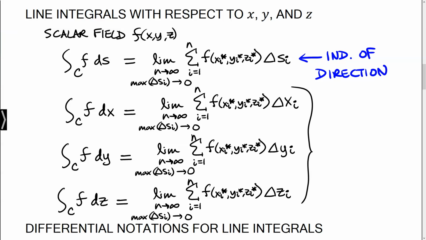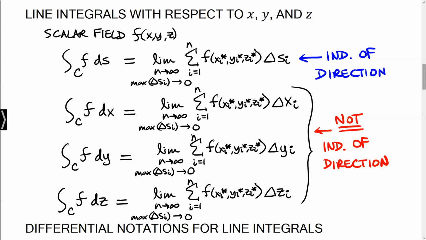That is not the case for these. If you change the direction on these, delta x, if you go the other way, it's going to change sign. 5 minus 4 is not the same as 4 minus 5. So these are most definitely not independent of direction, just like the integral of a vector field, we said, was not independent of direction. It depended on the direction.